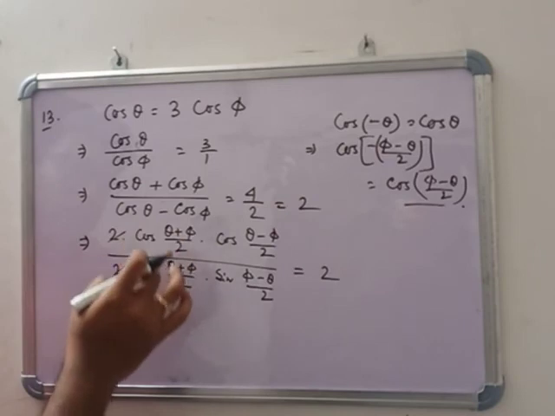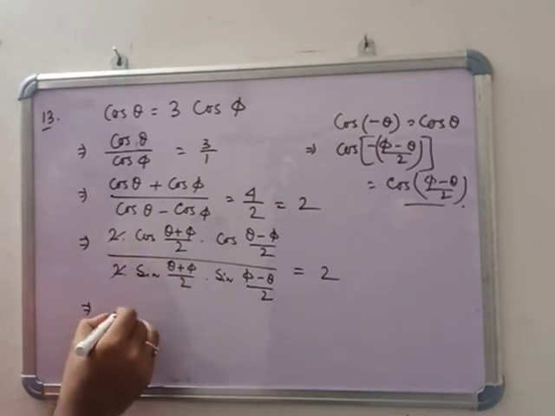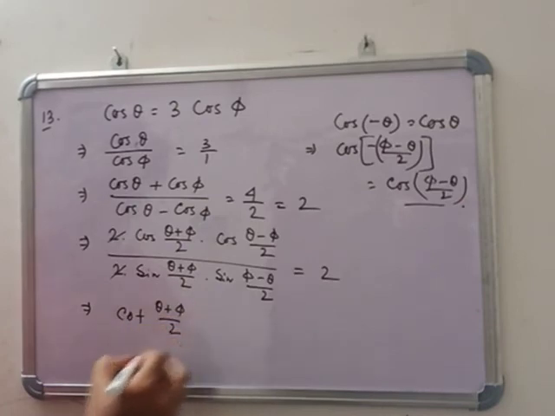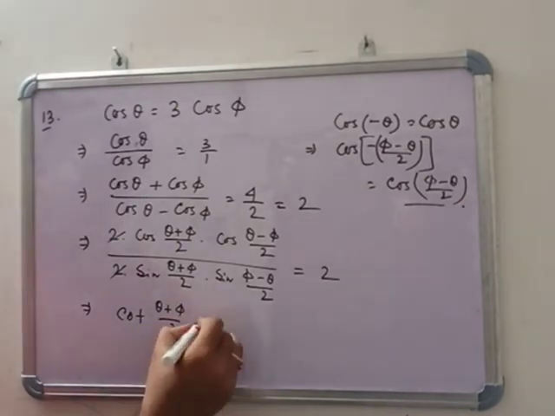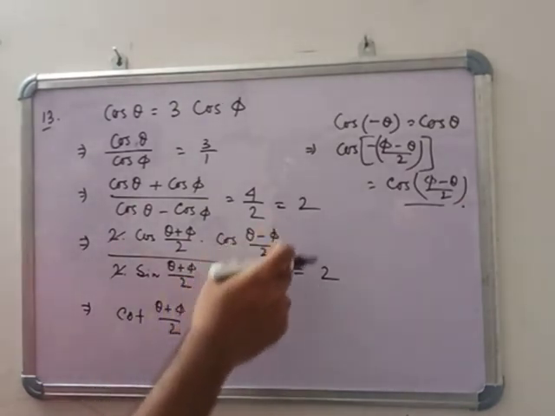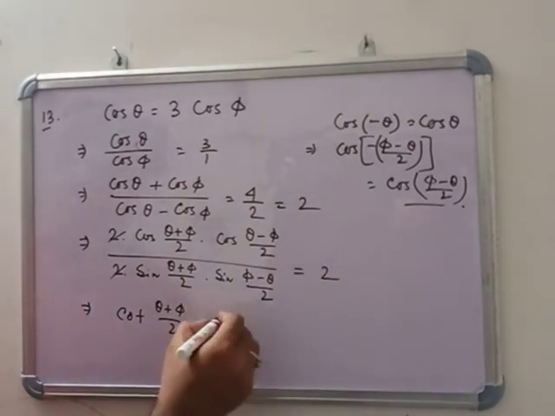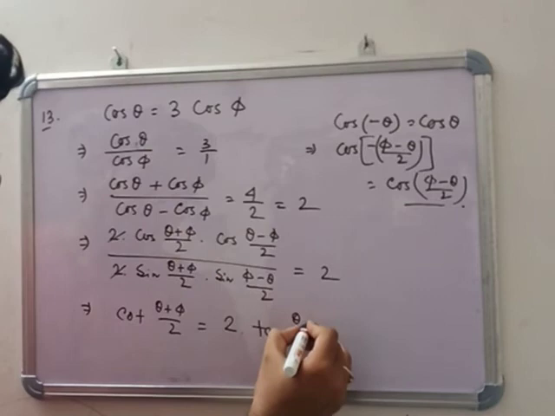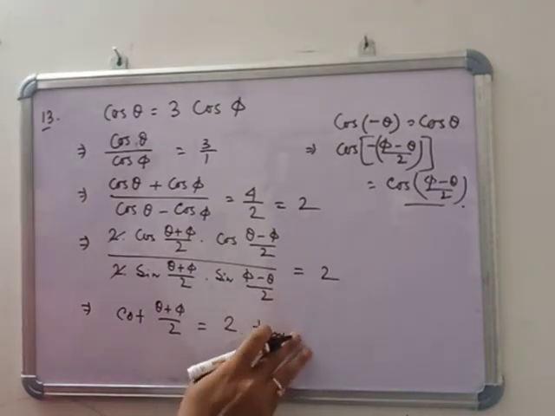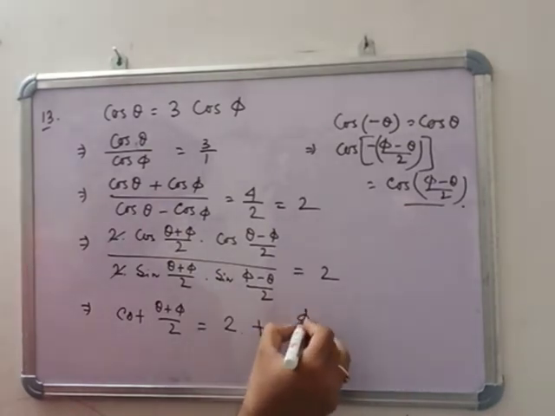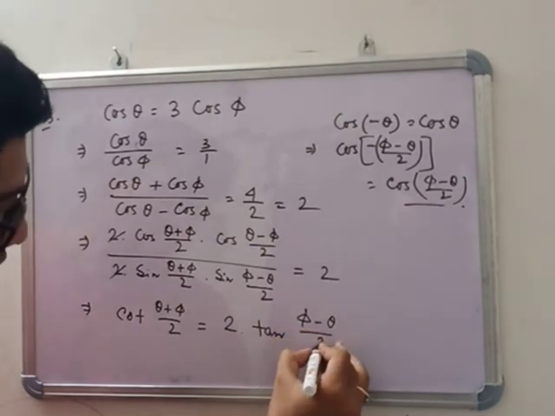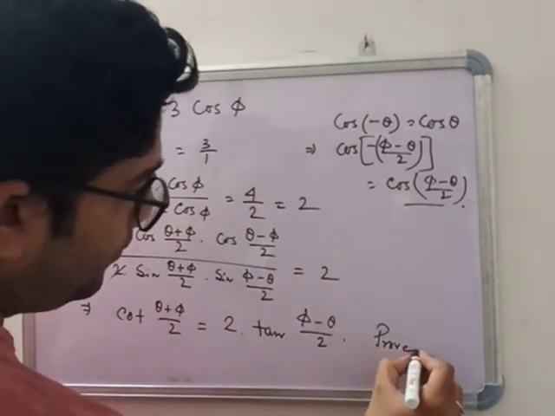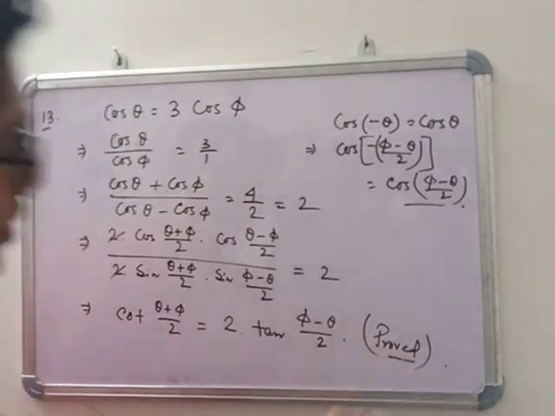So you can write this means cot theta plus phi by 2 equals to, this is also cot, in this side this is sine, tan. So 2 tan phi minus theta by 2, which is the given. Okay, proved.